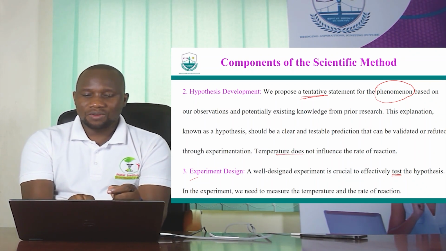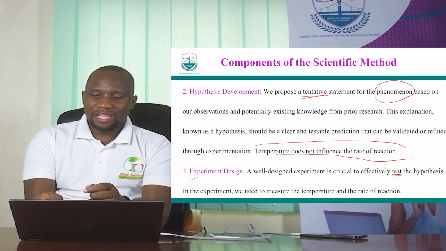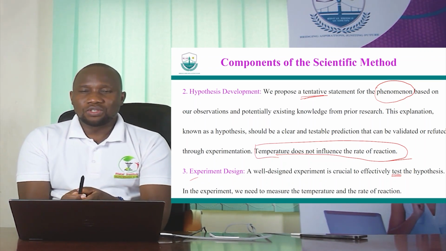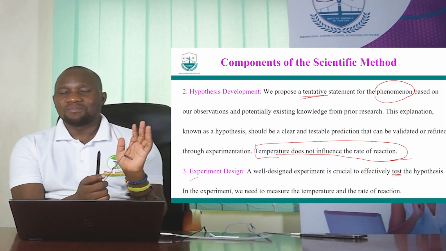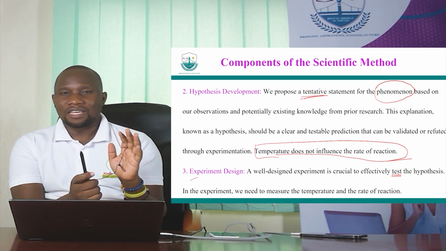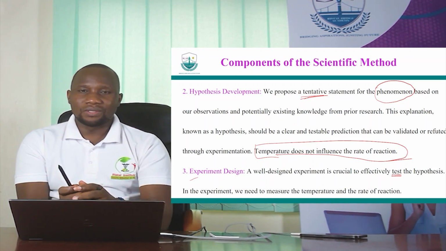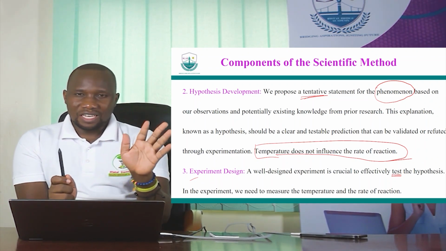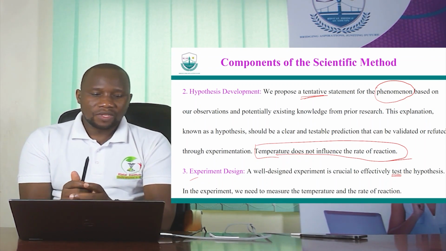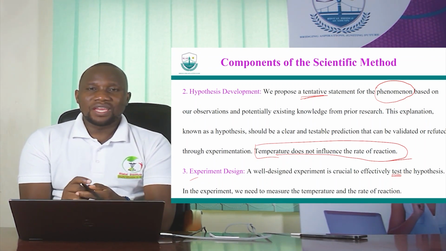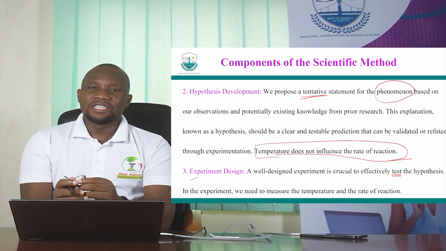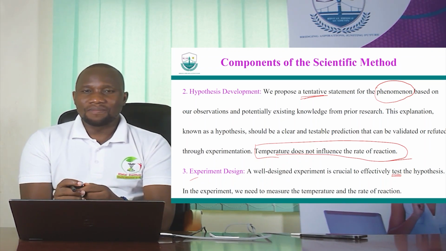No, it will not always be like this. It can change depending on what you're investigating. Even the example of the organisms moving towards a particular area because of the sun, you also make the hypothesis in that case. So depending on what your hypothesis is, what you're trying to test, you design an experiment.